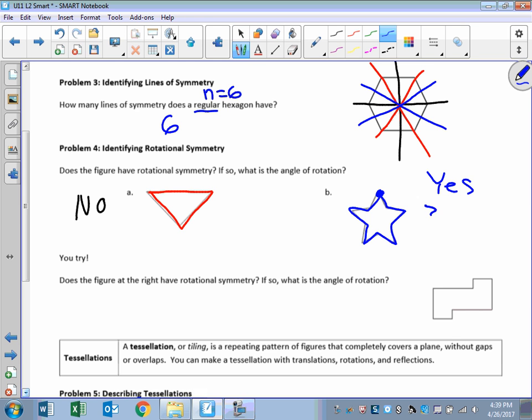A full circle is 360 degrees. There were 5 possible turns we could do. So our angle of rotation is going to be 360 divided by 5, which is 72.